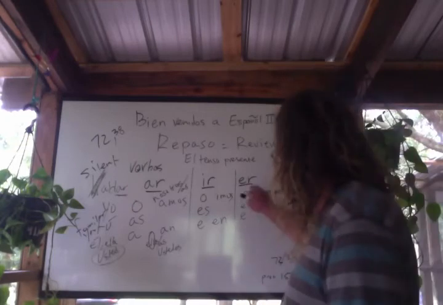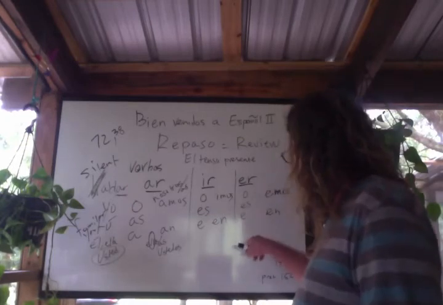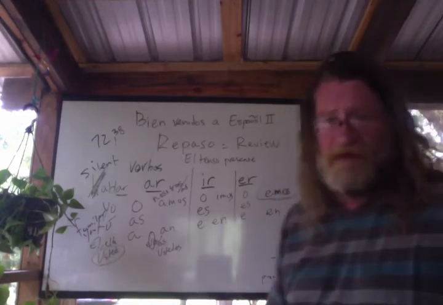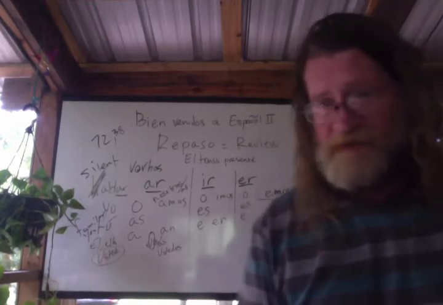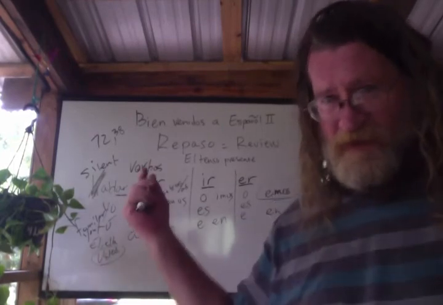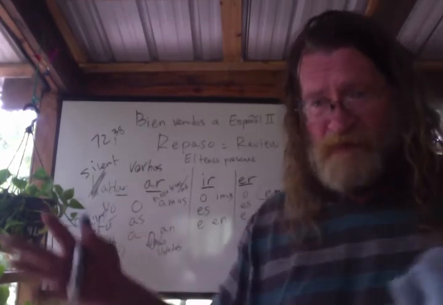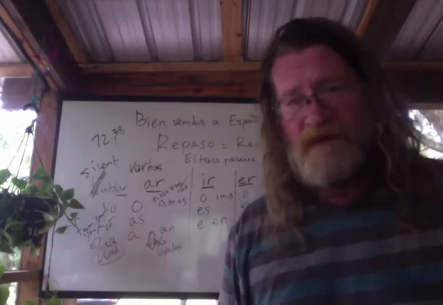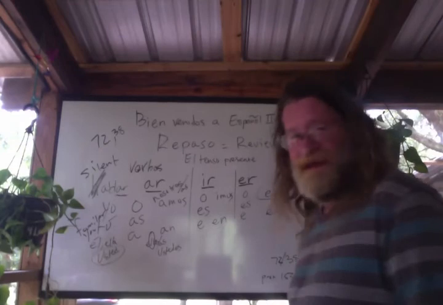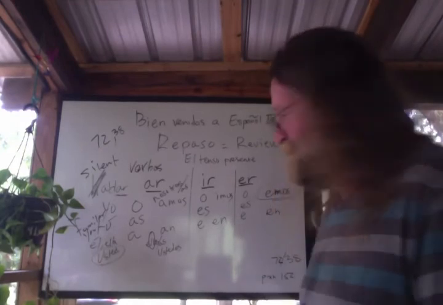The only difference for ER verbs is o, -es, -e, -emos, -en. Now if we went back to the Middle Ages when people were speaking Spanish, IR and ER verbs would be different, but Spanish is simplified that way, which is lucky for you. Okay? It makes it easier to learn.